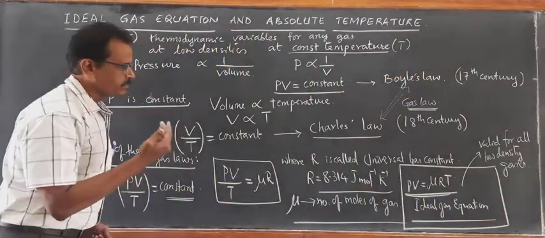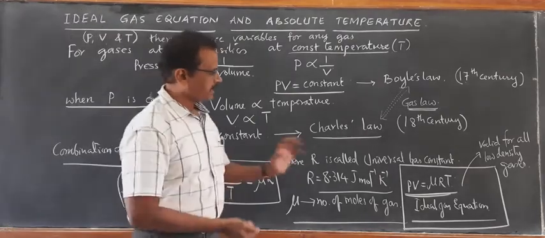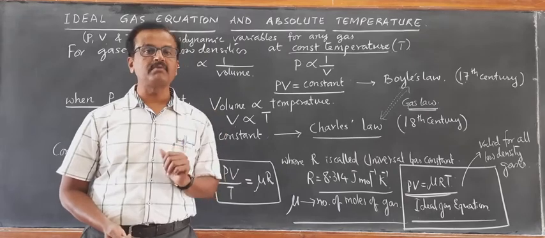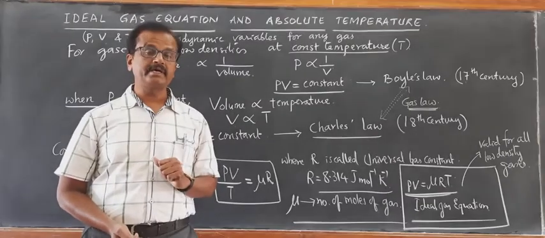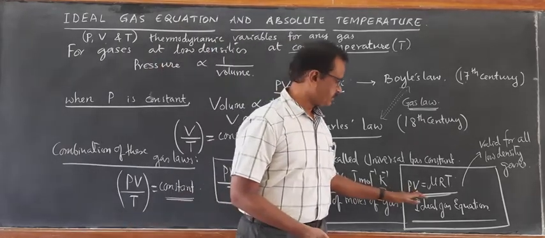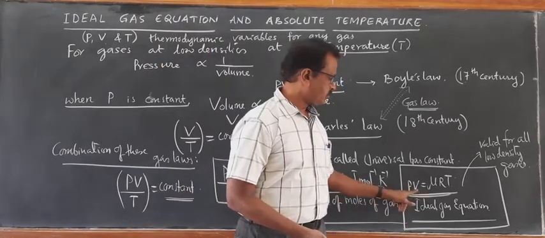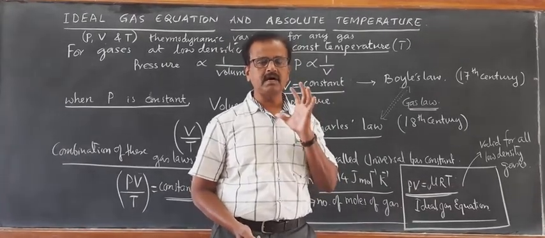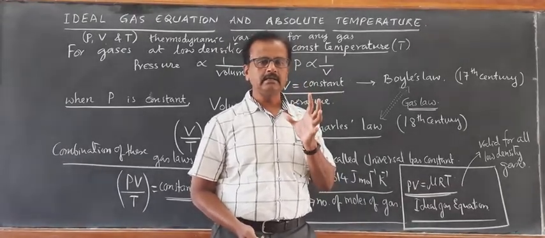So this is very important for us to understand what a constant volume gas thermometer is. Constant volume gas thermometer means, in this equation, a fixed volume of gas, a fixed mass of gas, is taken in a container, right?